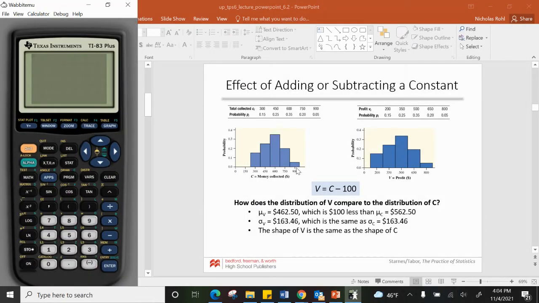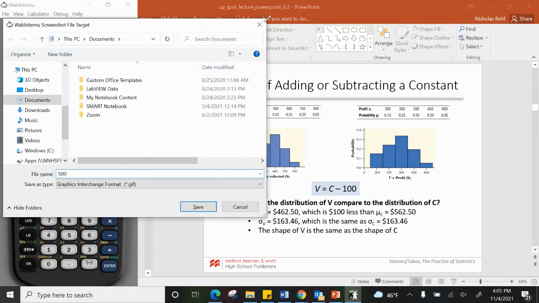If you wanted to put this data into your calculator to do it really quickly for you, you can go to Stat Edit, and we're going to go just into L1 and L2. All right, clear, clear. Now I'm going to type in my data for the profit. So I have 200, 350, 500.